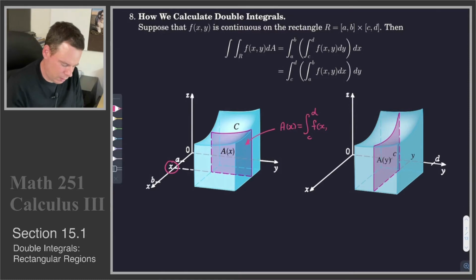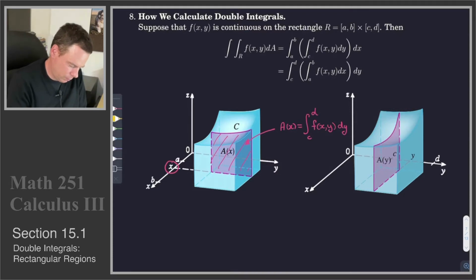We're now finding the area of this region for that constant x value. So it's the integral of this function f at (x, y), where y is our variable. y is allowed to change, and y ranges from c to d. So that gives us the area of this red region here.